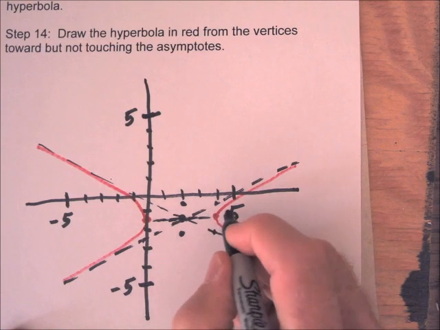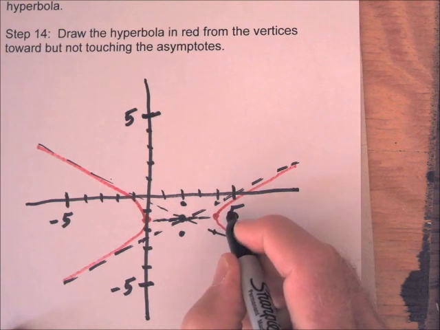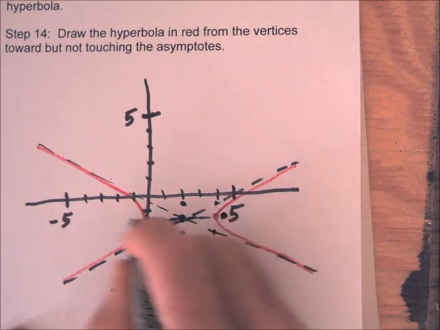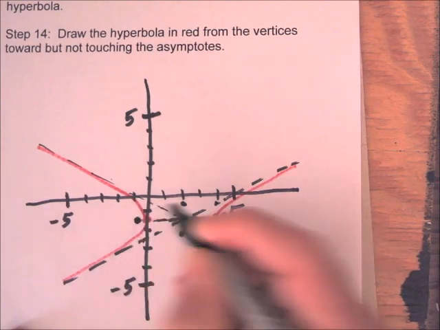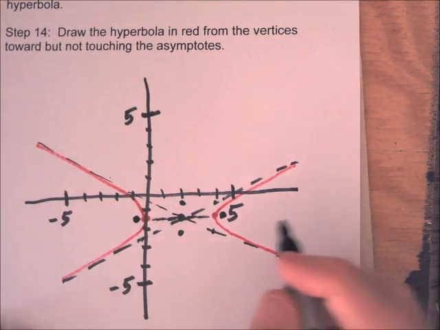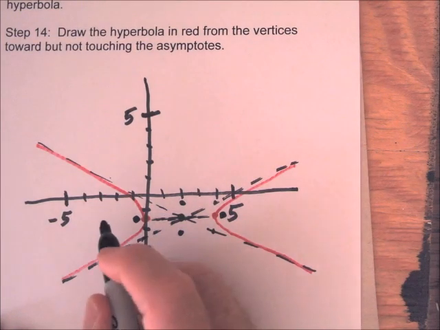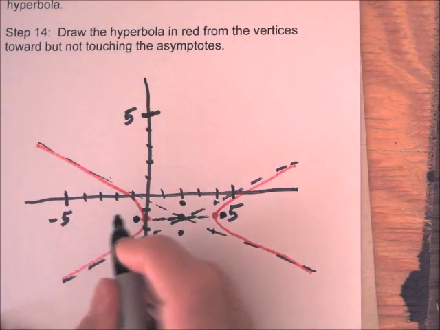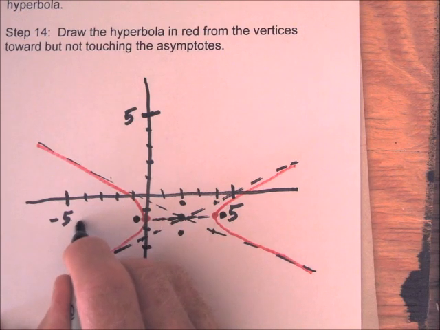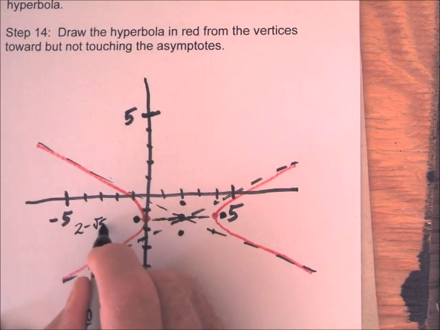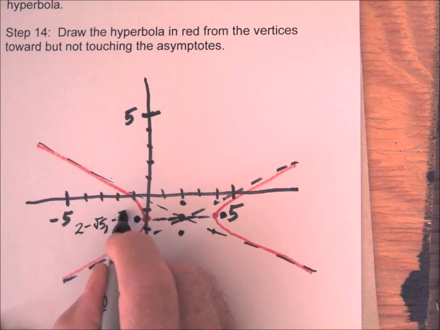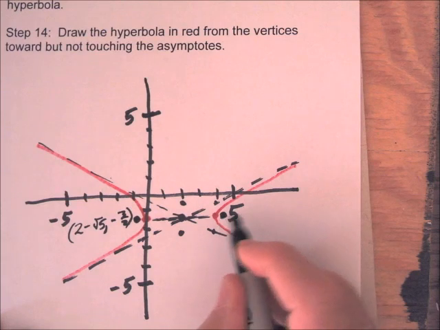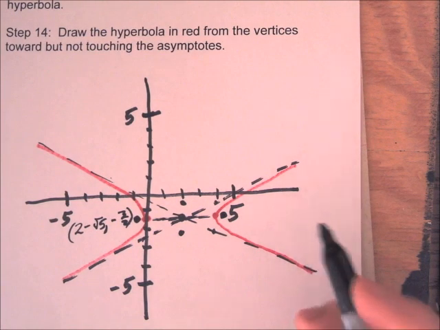You go 2.2 to the right and 2.2 to the left. Those would be the two foci. So these are the coordinates here. It's approximately 2.2, but it's root 5. So it'd be 2 minus root 5, comma negative 3 halves. And the other one is going to be 2 plus root 5, comma negative 3 halves.